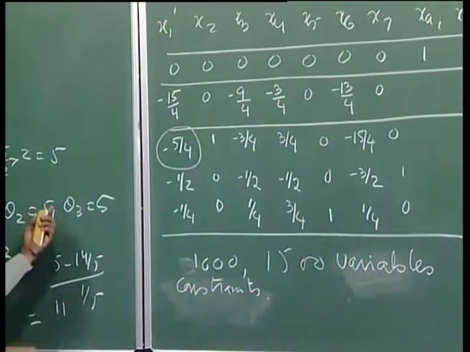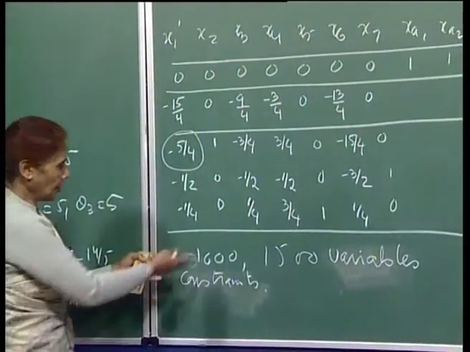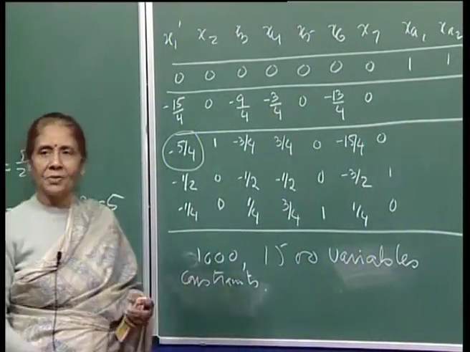So then that means you have 1500 columns, and if you end up adding artificial variables also, then the number of variables will be very large.